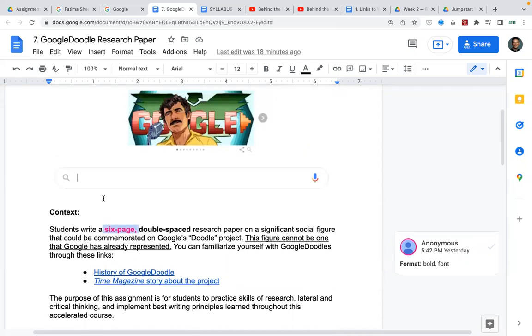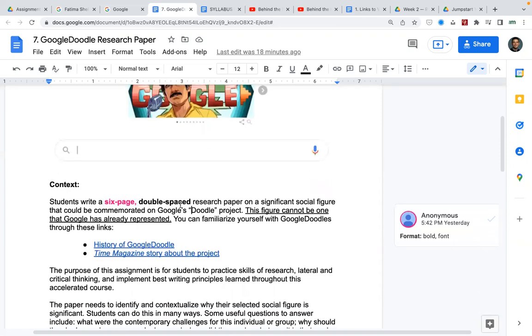You will quickly find, especially if you find a social figure who you've always been curious about, or say you're studying African-American literature, there is someone who you always wanted to know more about, you will quickly find that 6 pages might be too few pages.